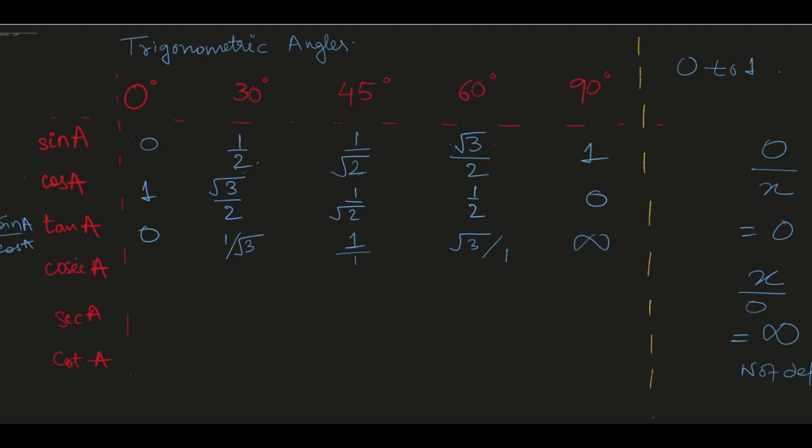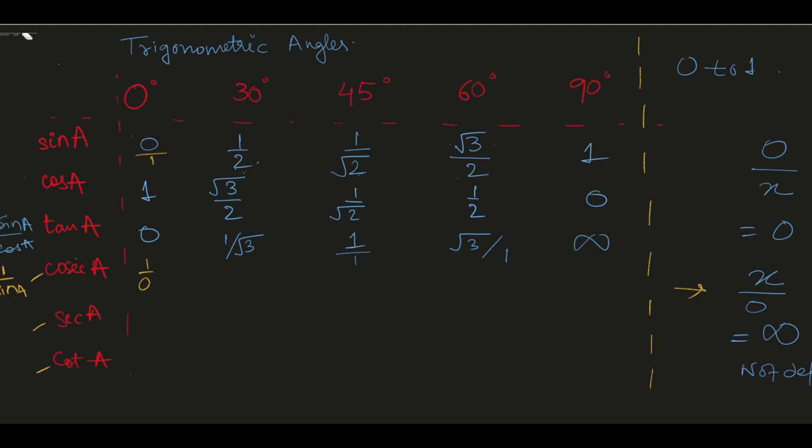The next set of angles will be for cosec, sec and cot. Now this is very easy. What is cosec? Cosec is nothing but 1 by sine A, right? So just write the values by doing reciprocal. So this is 0. 0 means 0 by 1, okay? The reciprocal of 0 by 1 will be 1 by 0. Again, I just mentioned here, anything divided by 0 will be not defined.